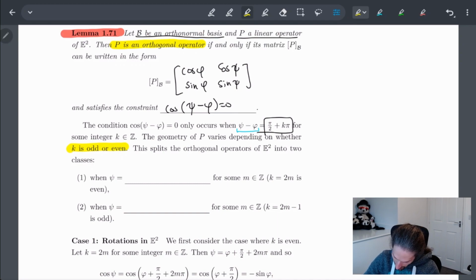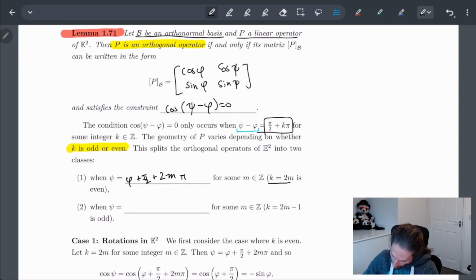So one of the classes is when psi is equal to phi plus pi over 2 plus 2m pi. Here, what I require is that k is equal to 2m, so k is even.